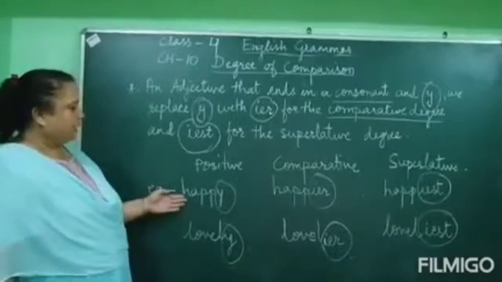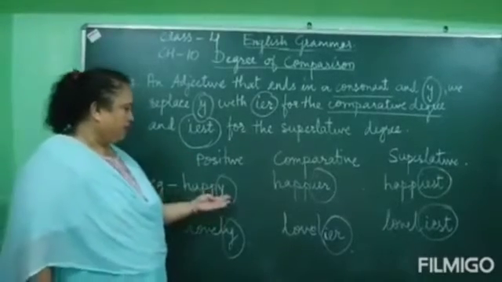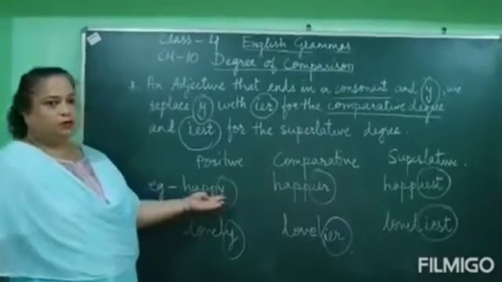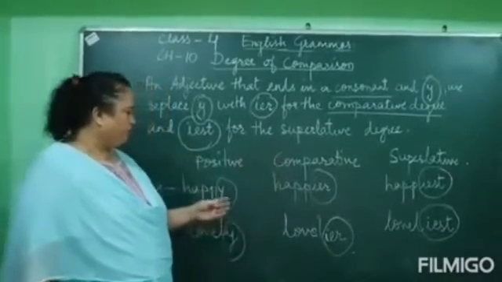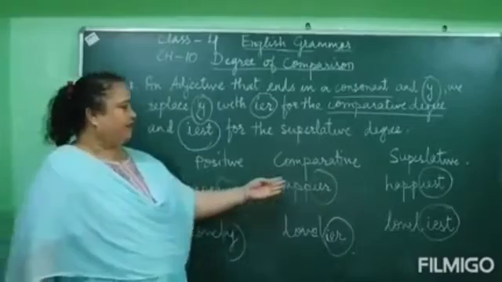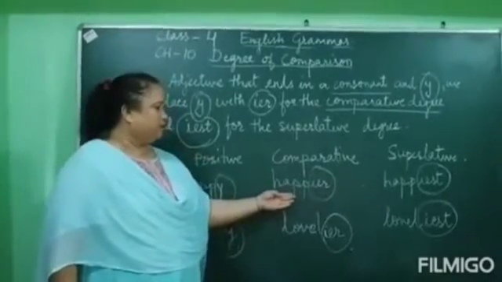The first one is happy. This is the positive form of the adjective. It ends with a Y. So what do we do to change it into the comparative form? We remove the Y and we add IER. That makes it happier.